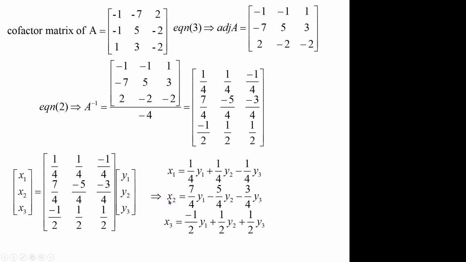Likewise, x2 will be 7 by 4 y1 minus 5 by 4 y2 minus 3 by 4 y3. And x3 will be minus 1 by 2 y1 plus 1 by 2 y2 plus 1 by 3 y3. So you can observe here that y1, y2, y3 is getting transformed to x1, x2, x3. Therefore this is the required inverse transformation.